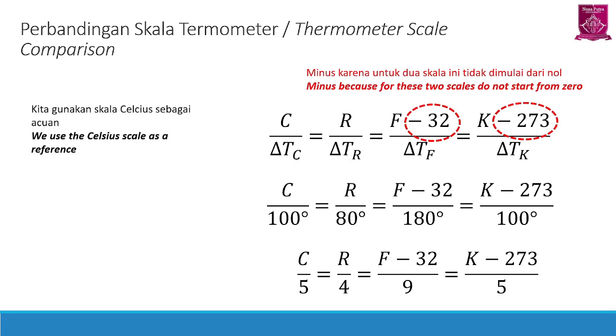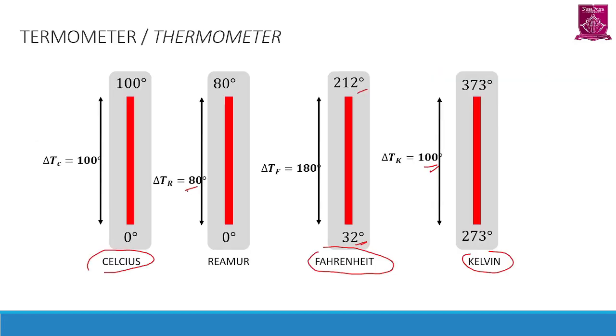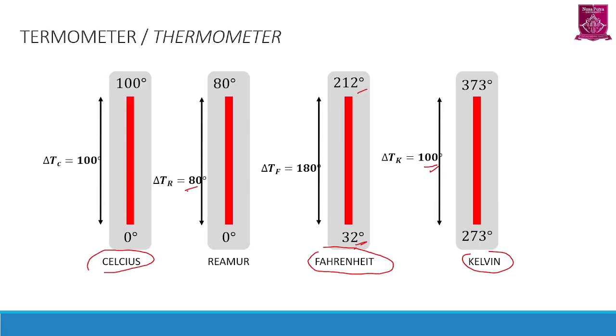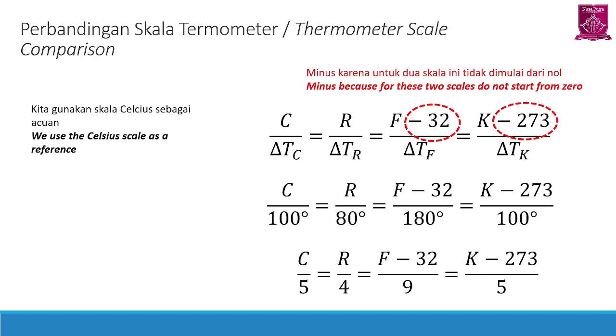Now for Fahrenheit and Kelvin, these two units have minus 32 and minus 273 for Kelvin. Why? Because in these units, the starting point is not 0. In Fahrenheit, the starting point is 32, and in Kelvin it is 273. So we need to make all of these units similar, starting from 0.